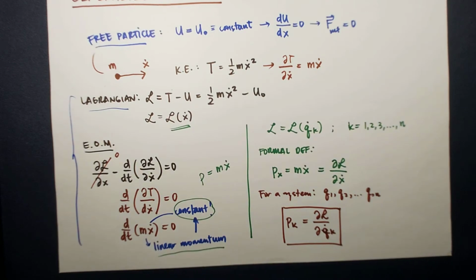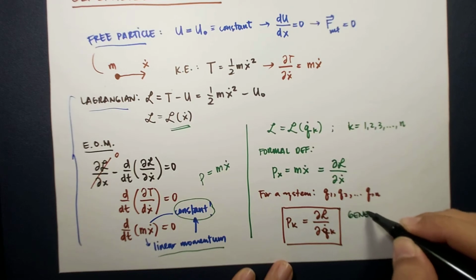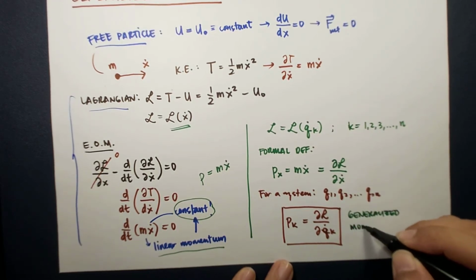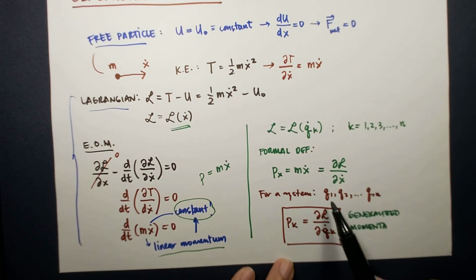We call this the generalized momenta. We say momenta because it pertains to all possible momentum quantities that are associated with each of the generalized coordinates that you choose.